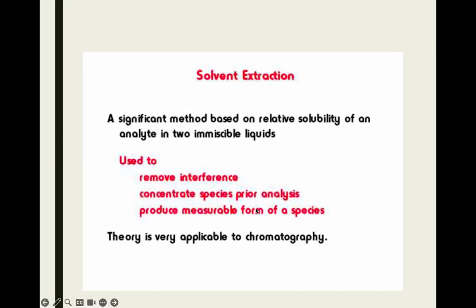So you need to change the actual analytes from not volatile into something volatile. We can use solvent extraction to change the property of that analyte into some kind of complex that is volatile. So these three are among the usages of solvent extraction.